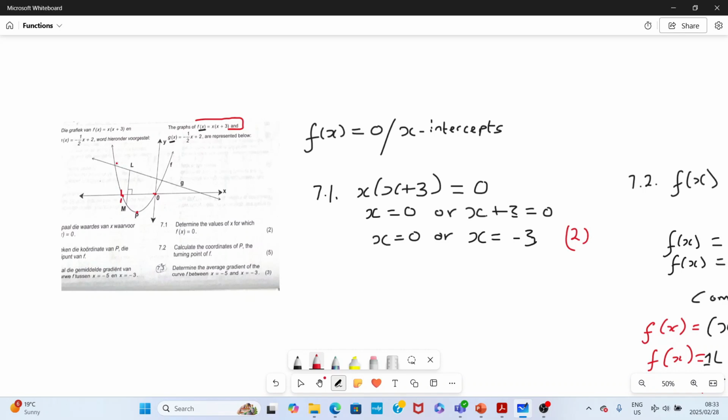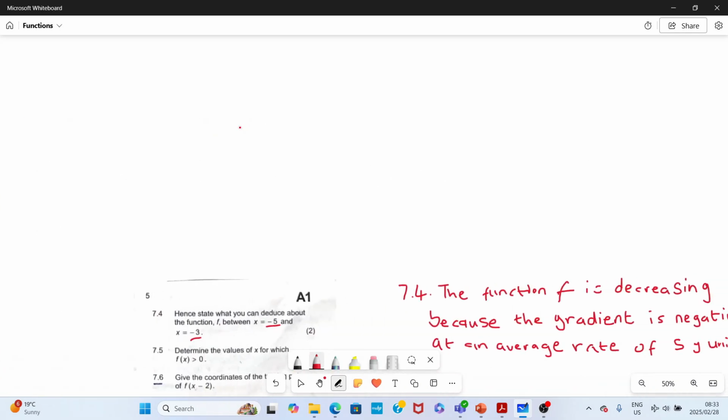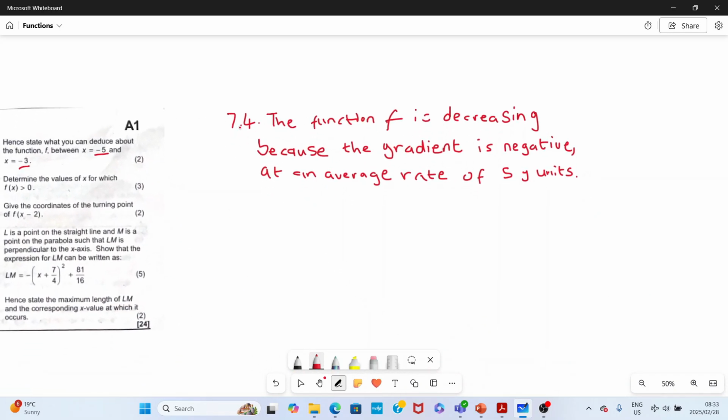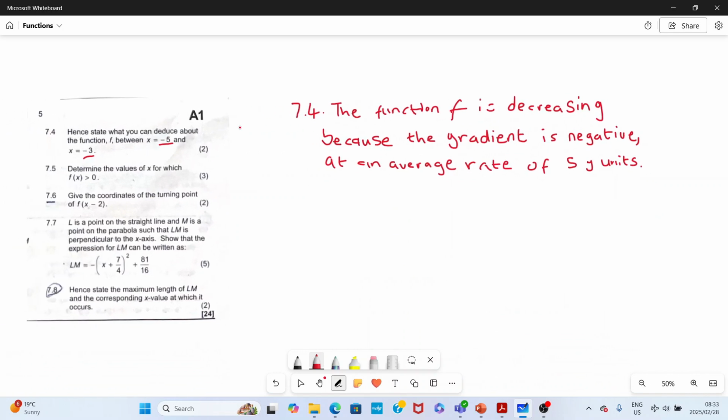Let me go back this side and get some space. One way of doing this is, when they are talking about f of x being greater than 0, you want to know where the function is greater than 0.